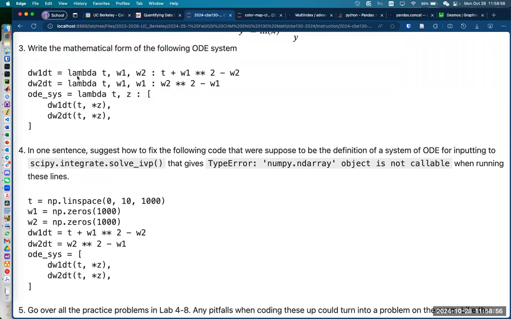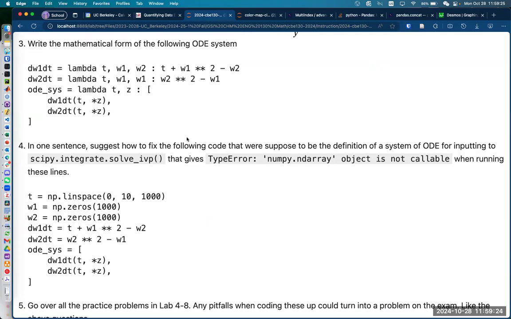Usually when we define functions, we need the lambda statement. But here, it directly defines it as t plus w1 raised to the power of 2 minus w2. It's not a function. It takes in this linspace array and the zeros array and performs the operation, so the final result of dw1 dt is an array and not a function.